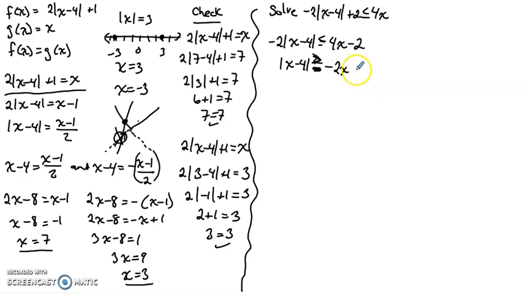Negative 2 divided by a negative 2 is 1. So then, let me just rewrite that line. We have the absolute value of x minus 4 is greater than or equal to negative 2x plus 1.